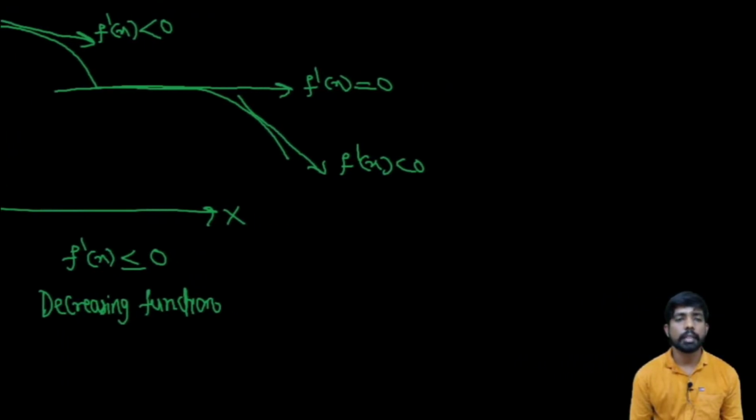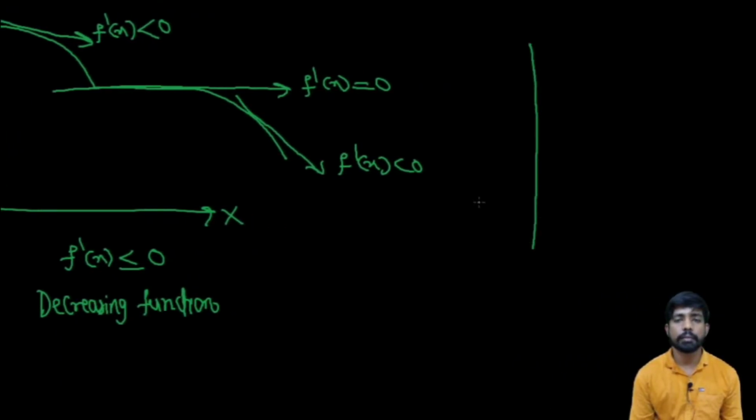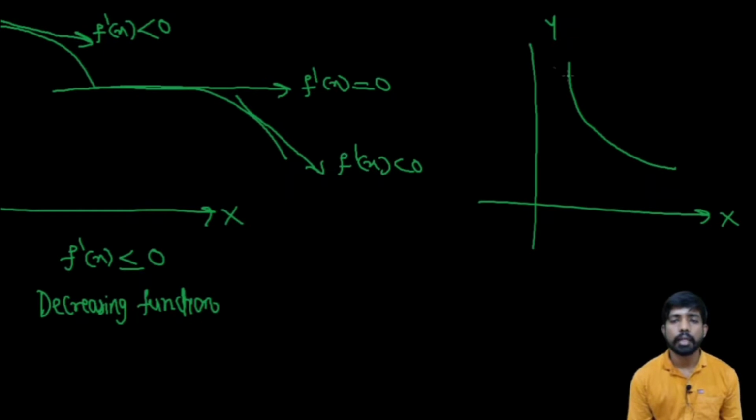Next, let us consider a curve, x-axis, y-axis. This is a curve. If I draw a tangent here, it is in the downward direction, declination, at every point on the curve.